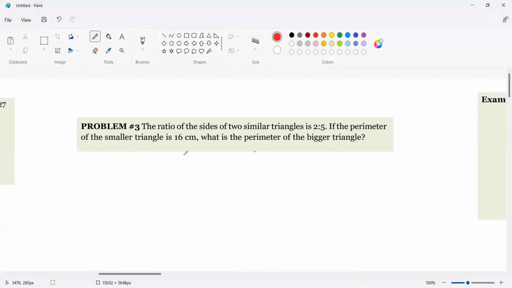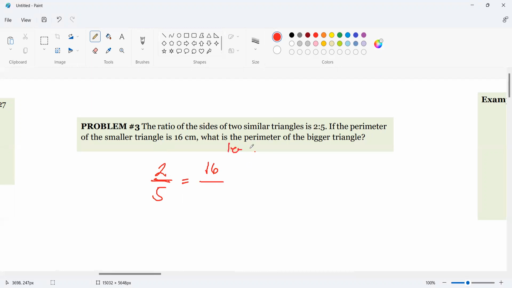Balik to the theorem na ang ratio sa corresponding sides of similar triangles kay equal sa ratio sa ilahang perimeter.